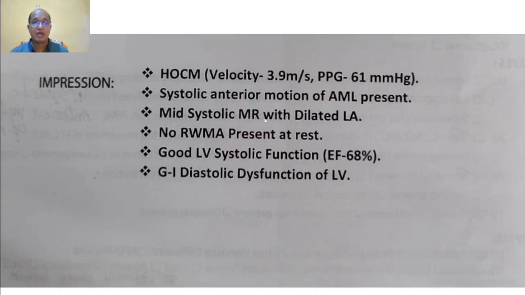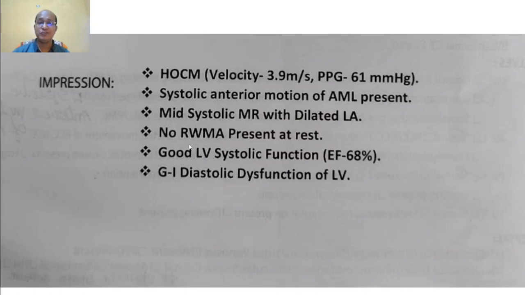HOCM, and that is associated with mild systolic mitral regurgitation with dilated LA. In case of left ventricular hypertrophy, end diastolic volume of the left ventricle is raised, which results in functional mitral regurgitation, and that is associated with a dilated left atrium.